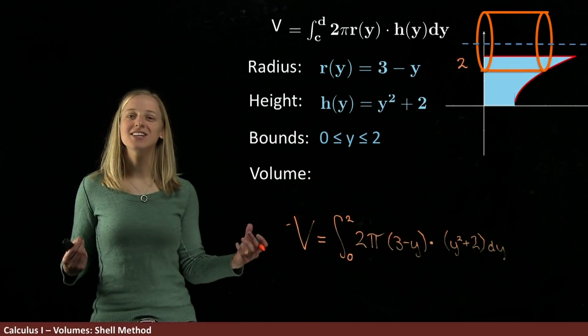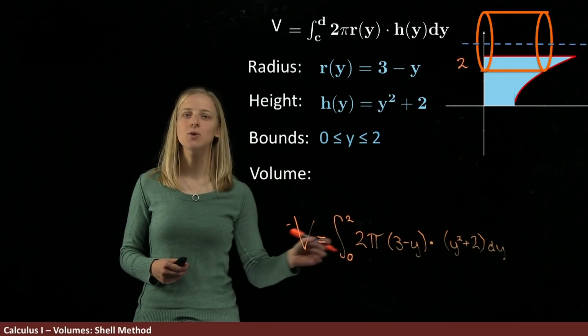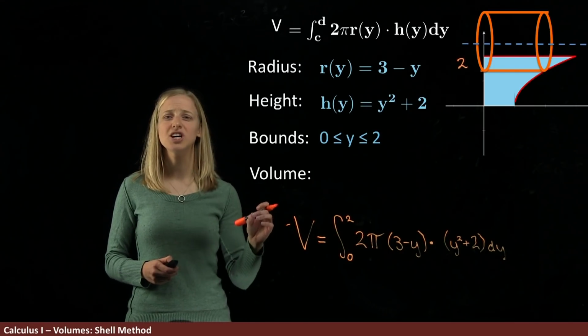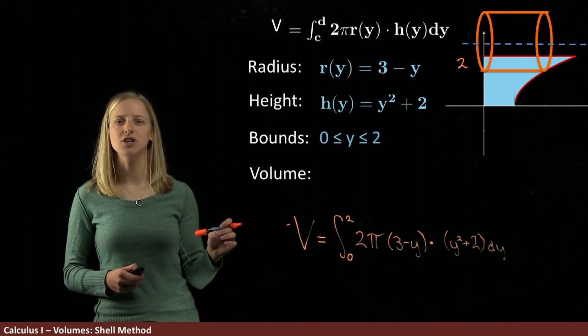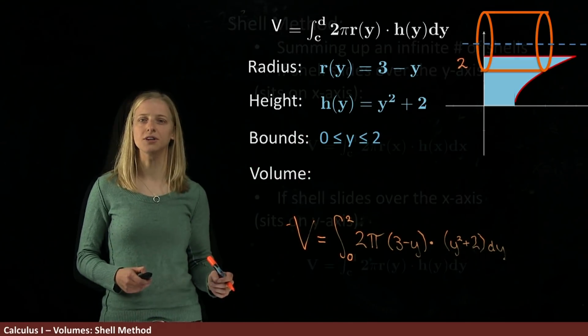So now the only thing that changed in our volume equation is the r. It's now 3 minus y. And that was because we changed the axis of revolution from the x-axis to the line y equals 3.